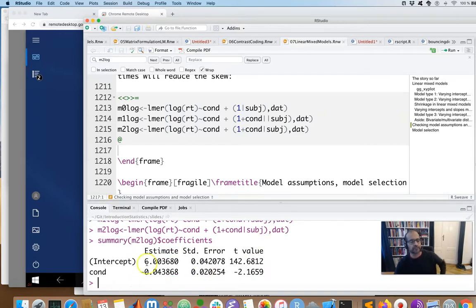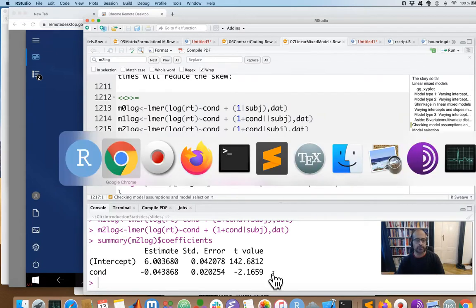This is the minimum information that I would report in a table: the intercept, the slope estimate, the standard error, and the t-values. All this stuff I would present in the paper. Notice that I'm not using this t-value for my hypothesis test. I'm using the likelihood ratio test for my hypothesis test here. In general you should always use the likelihood ratio test.